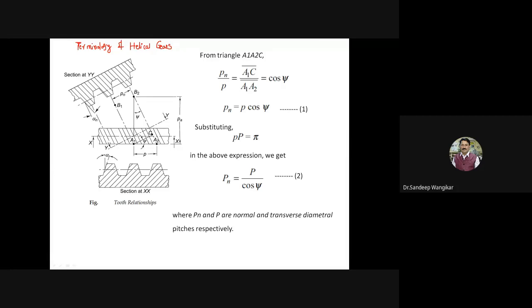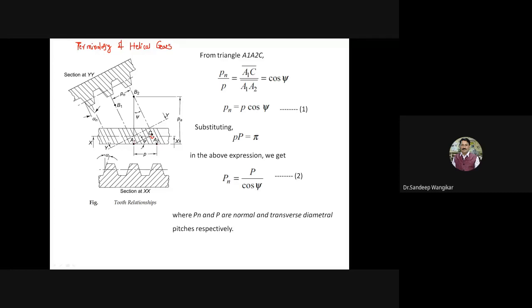Okay, so let us proceed with this terminology. From this diagram, consider the triangle A1, A2, C. I am considering this point as A1, this point as A2, and this point as C. You can see here in the diagram A1, A2, C. So cos of psi is equal to, this is the right angle, A1A2 becomes the hypotenuse.